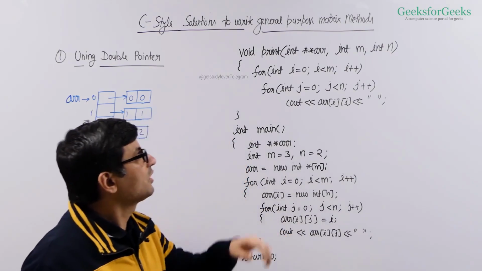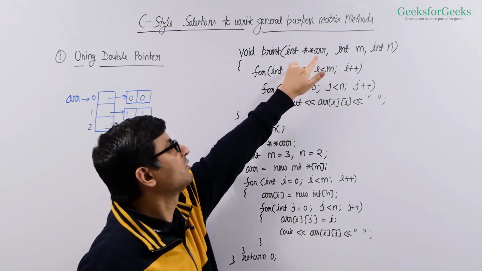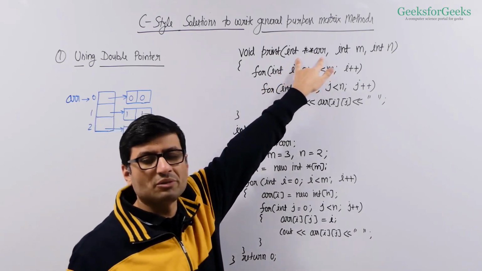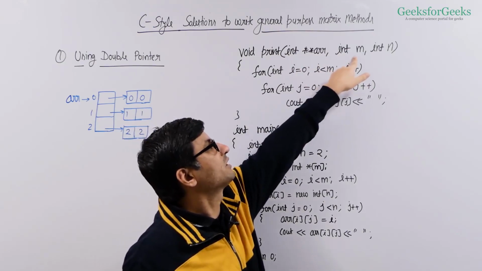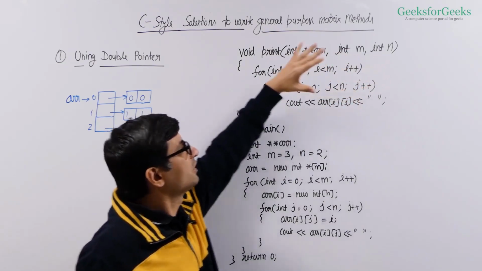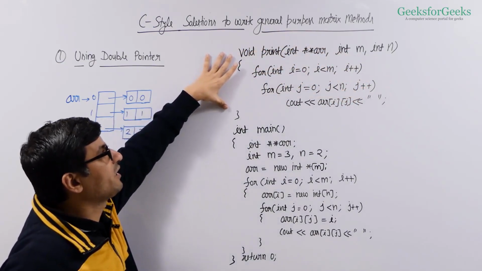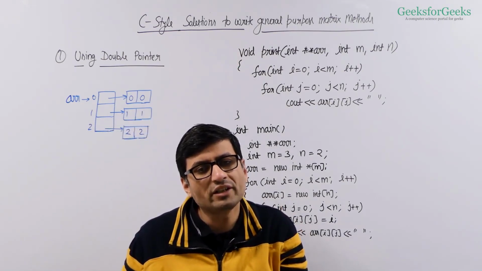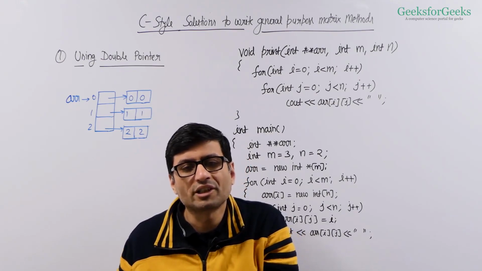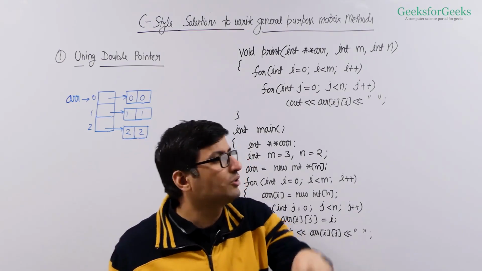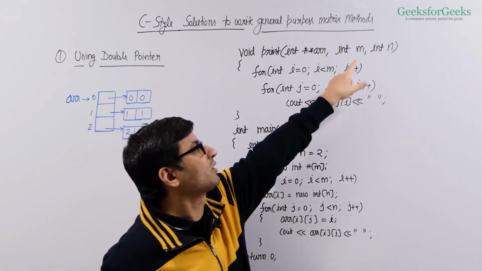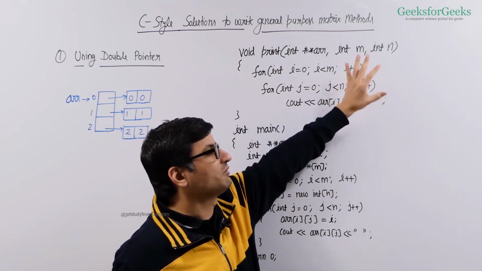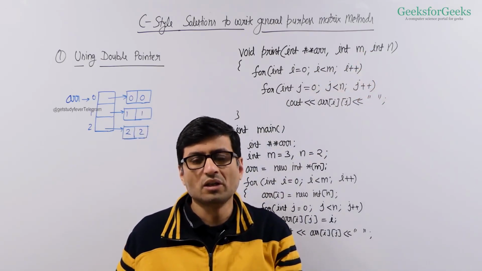We use a pointer to a pointer to specify our 2-dimensional array, and then we pass the number of rows and number of columns. Now this function can handle any matrix as long as this matrix or 2D array is represented using double pointer. You can pass any matrix, you can pass the number of rows and number of columns, and this function will print that matrix.